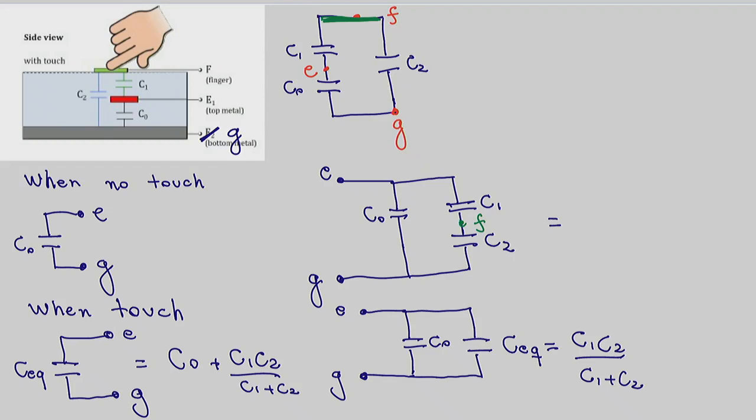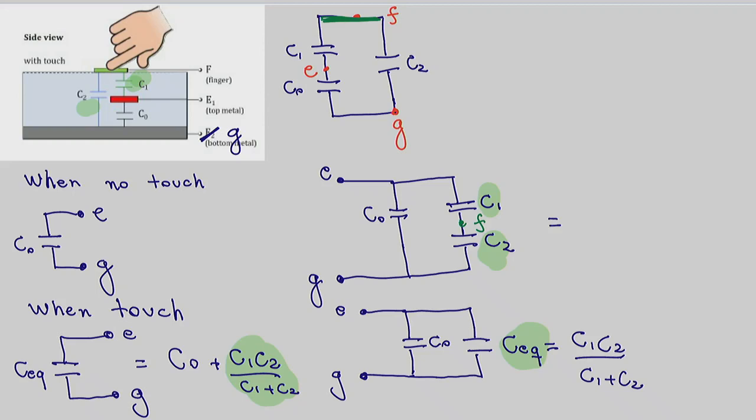Now, the cool part here is that this term, the equivalent capacitor of C1 and C2, only appears in our model when there is touch, right? If there is no touch, you have the capacitance that comes from the manufacturer.